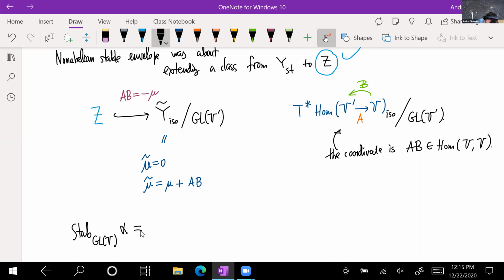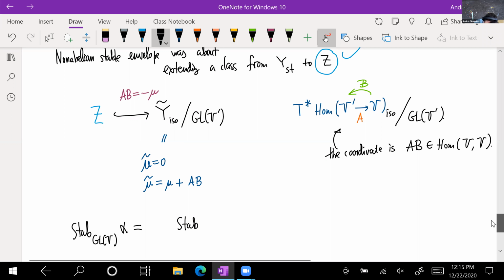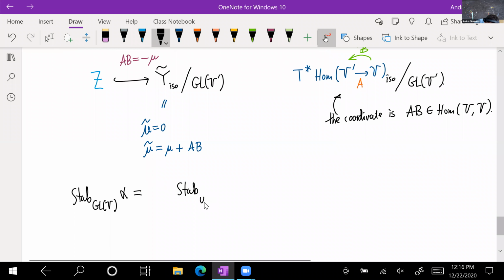What we would like it to be is the stable envelope with respect to that U of this class alpha.